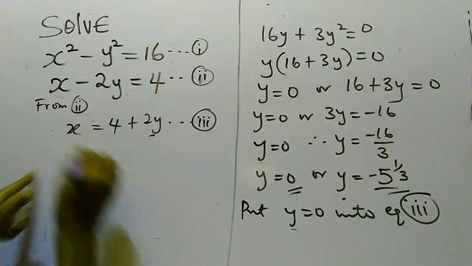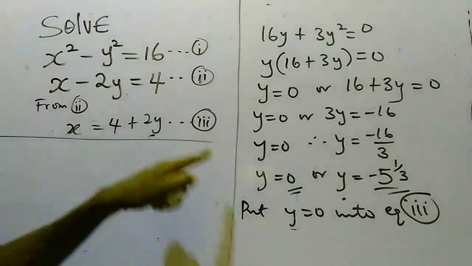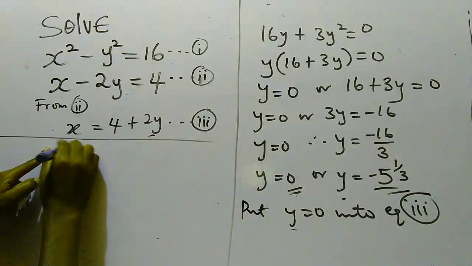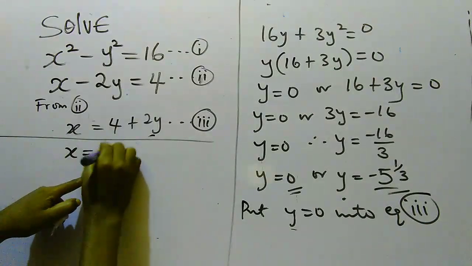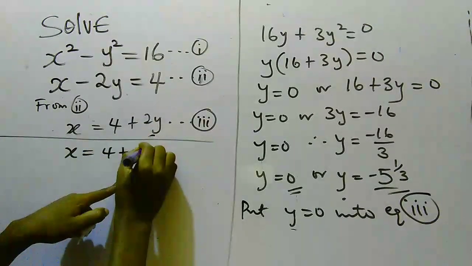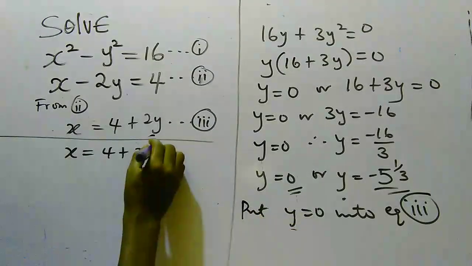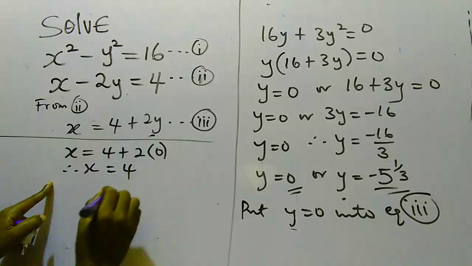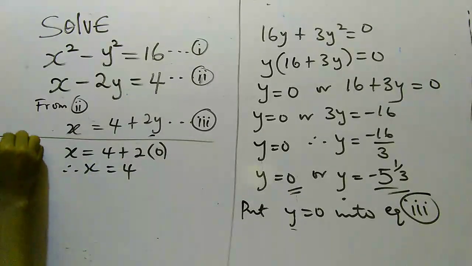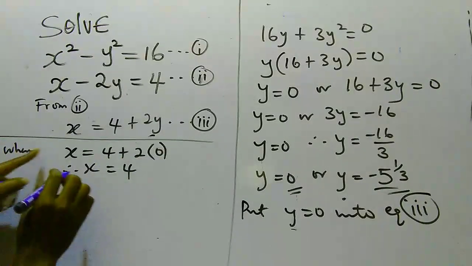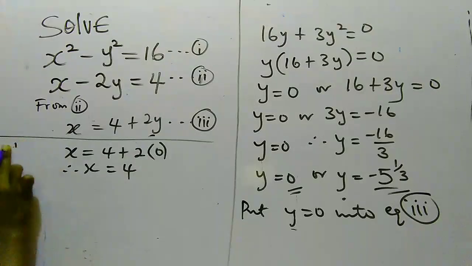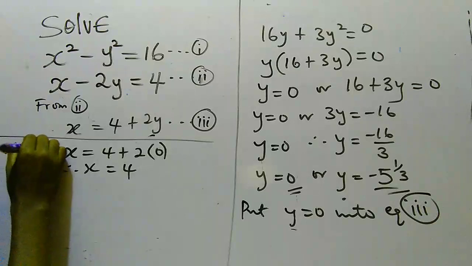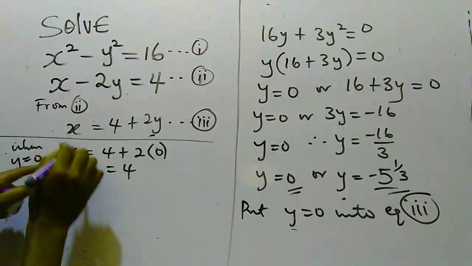I'm going to have x is equal to 4 plus 2 times 0, and that is 0. So therefore my x is equal to 4. This is when y is 0.